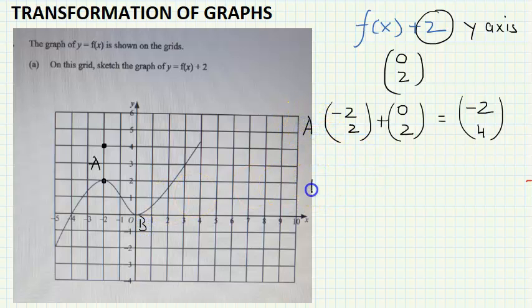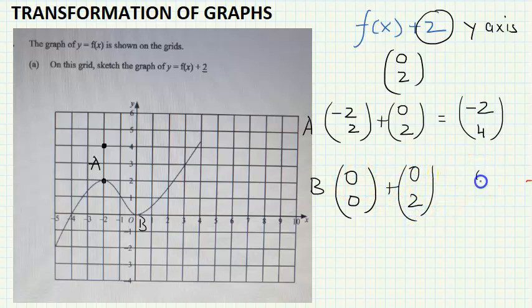This was A. Point B is 0 and 0. The shift is outside, as I told you, 2, only this coordinate is going to be affected, 0 and 2. So if we add it, it will be 0 and 2. So this point B will come here.